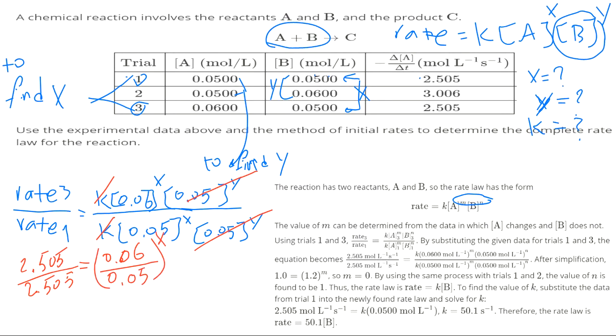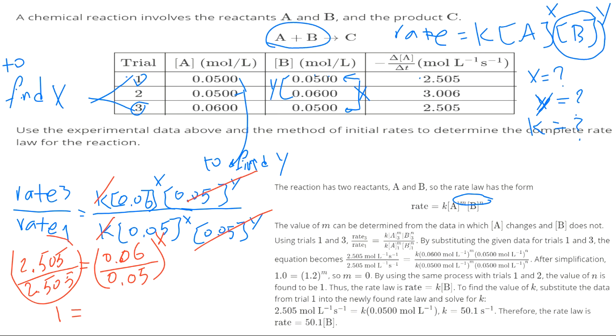Since this is 1, what should be the value for X? Because this value is 1, the only time that you can get a fraction or any number to the power of something to get 1, the X must be 0.